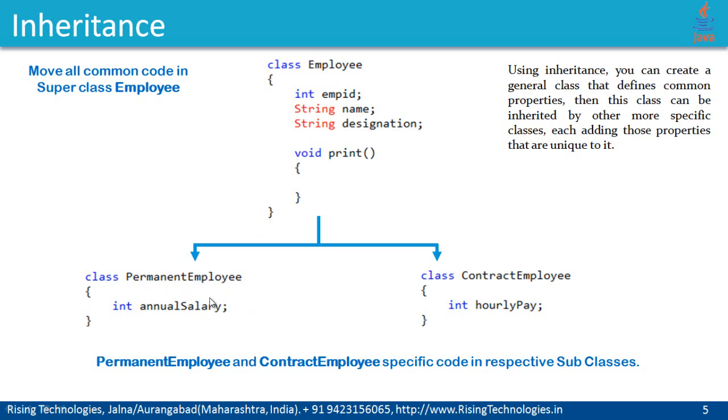Additionally, it will add one more property, that is annual salary. Similarly, this ContractEmployee class is going to inherit all properties from its parent class, and it will add one more property, that is hourly pay. So this is how we can move all common code in a common class and specific code in the specific class.